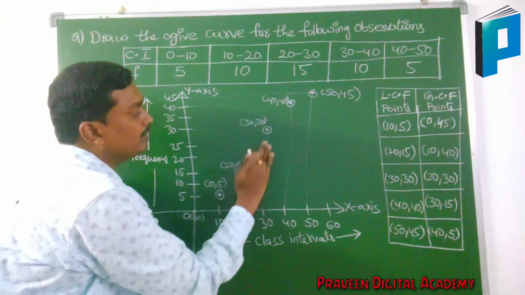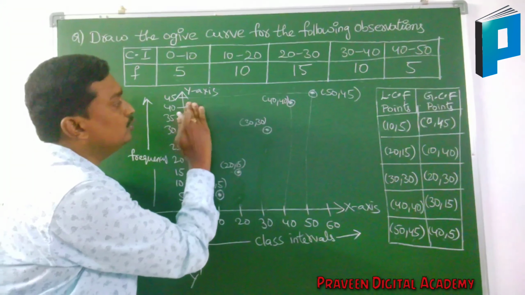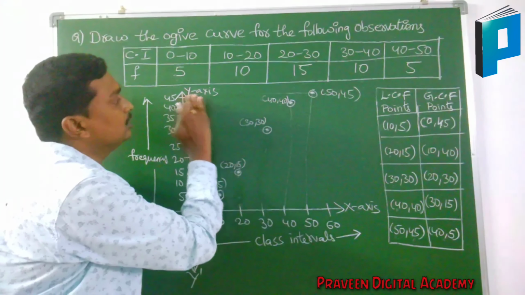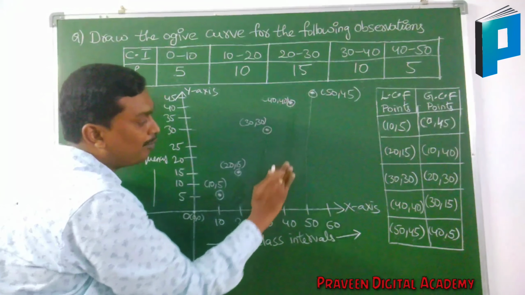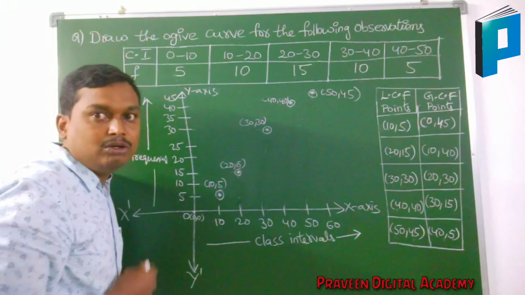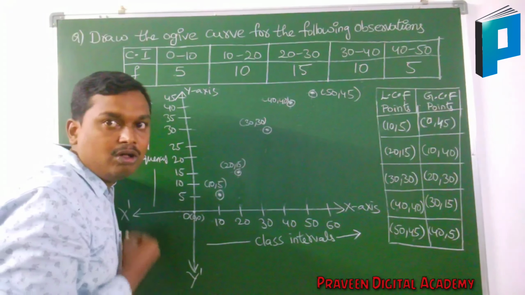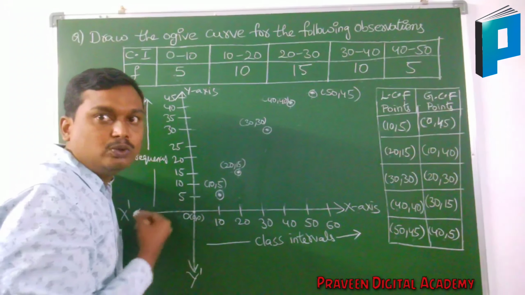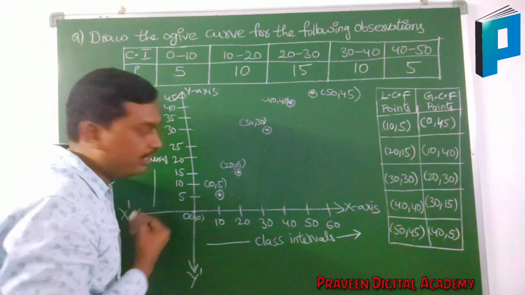After this, what do we have to do? We have to join the points to form a curve. While drawing the curve, you have to draw with free hand. Don't use any ruler here.